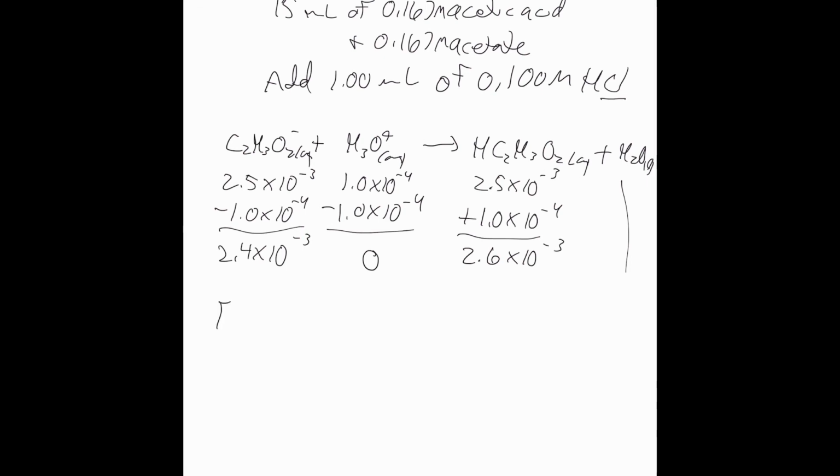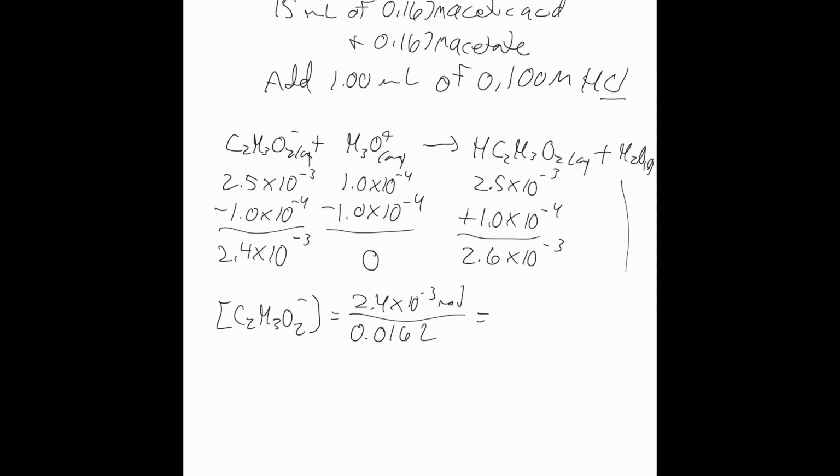If we want to convert to concentration, for C2H3O2 minus, it's 2.4 times 10 to the minus 3 moles divided by how many liters do we have? 25 milliliters, not 25, 16 milliliters. We did not add 10, we added 1. So 0.016 liters.